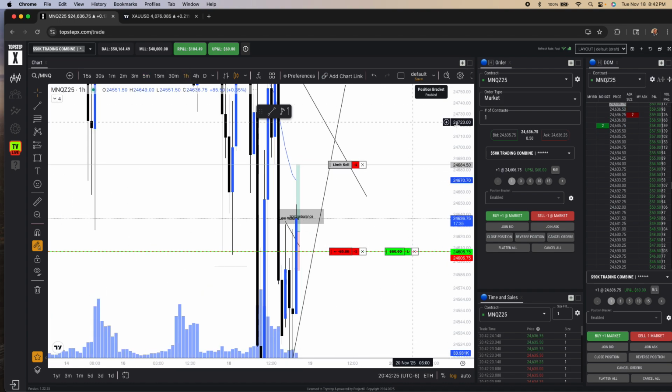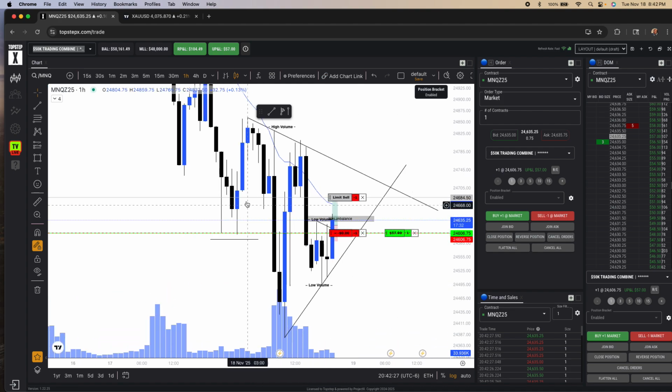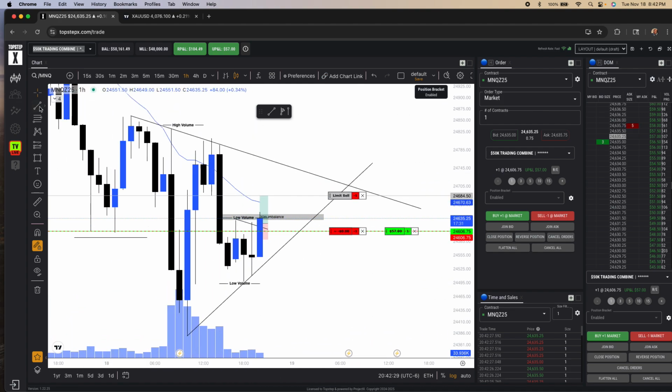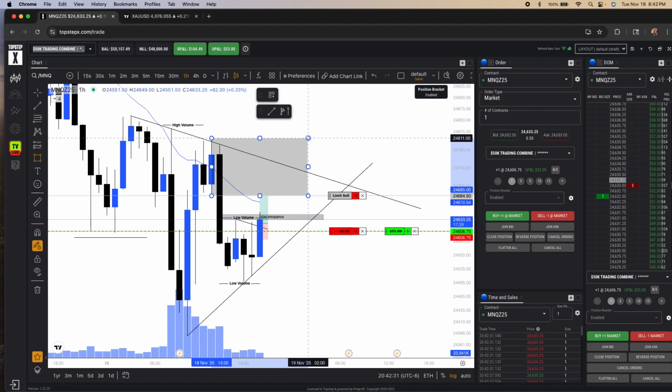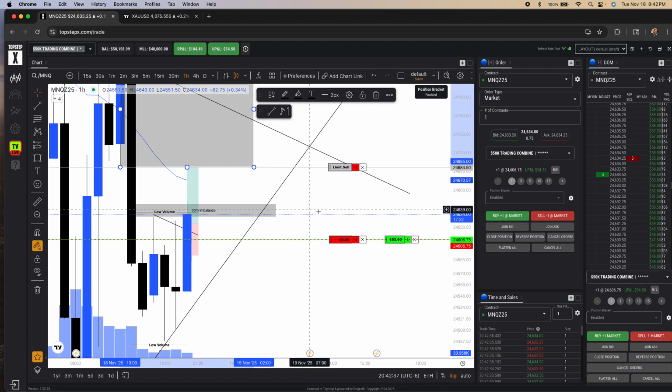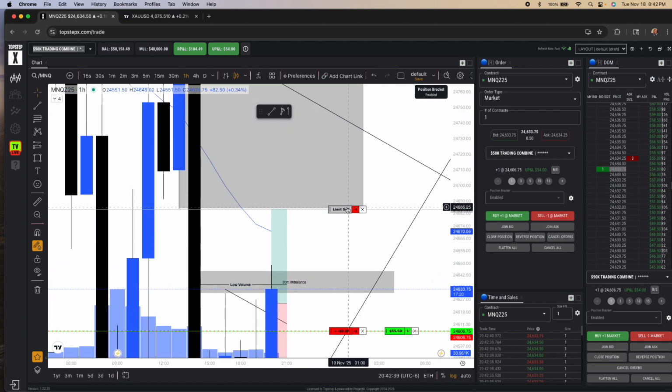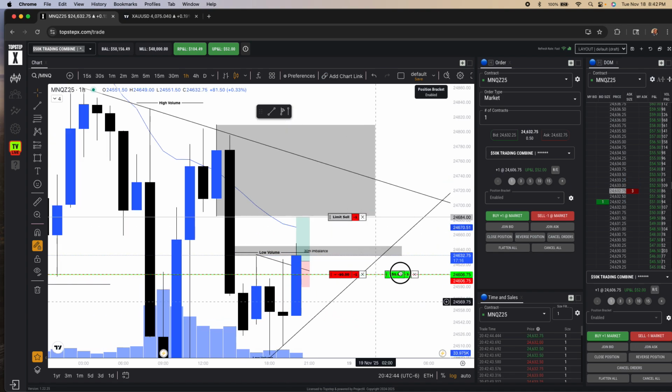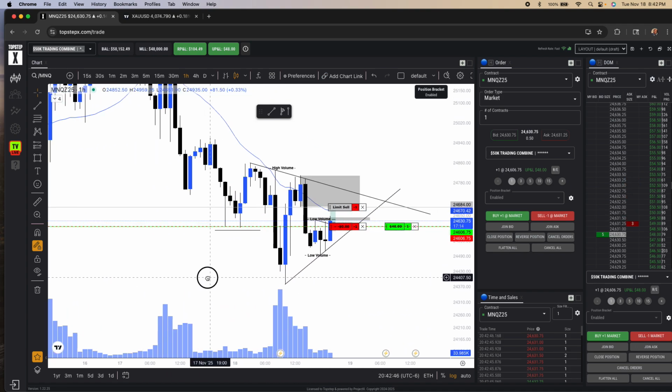But I based the spot to get out off of this order block, this 1 hour order block that pushed us to the downside. So that's what I want to see it revisit before we continue back to the downside of this triangular consolidation.